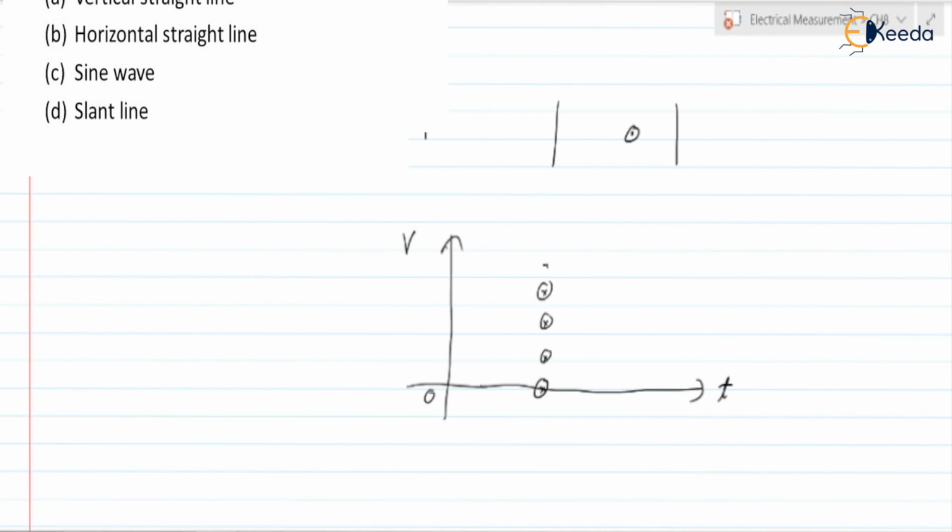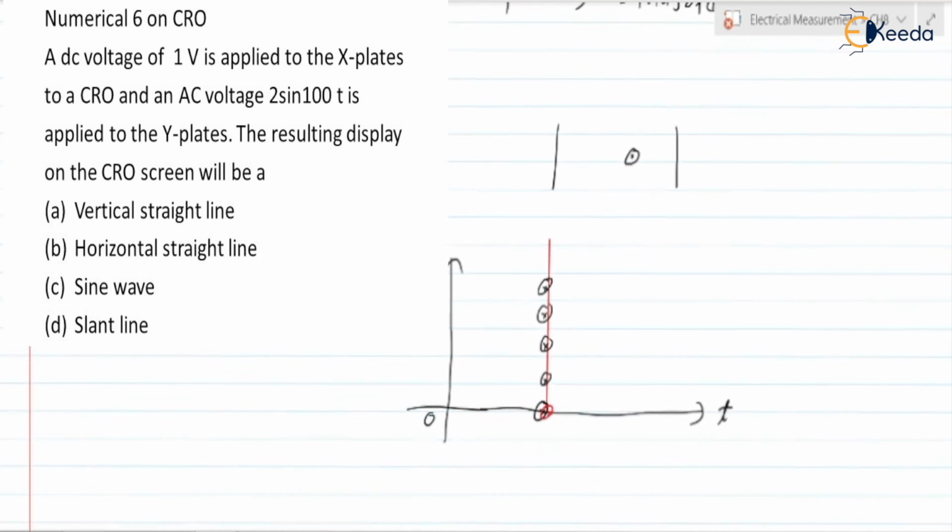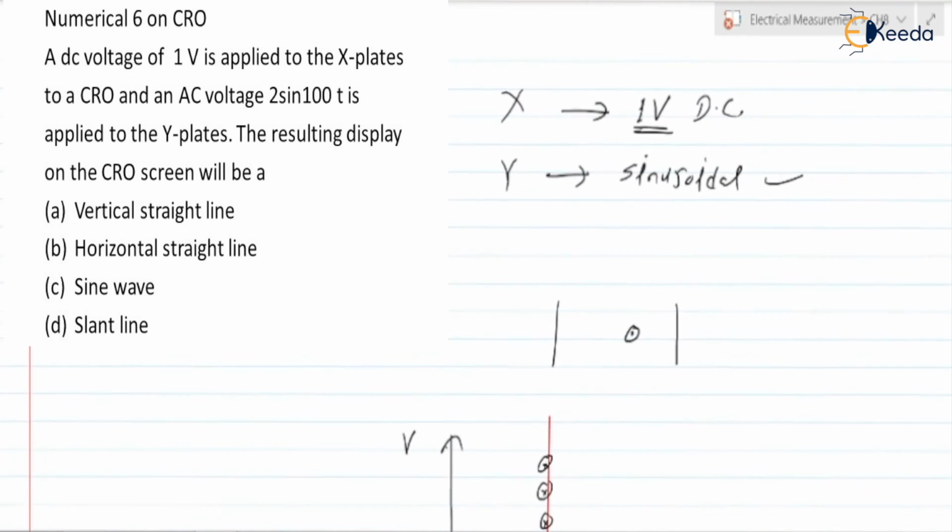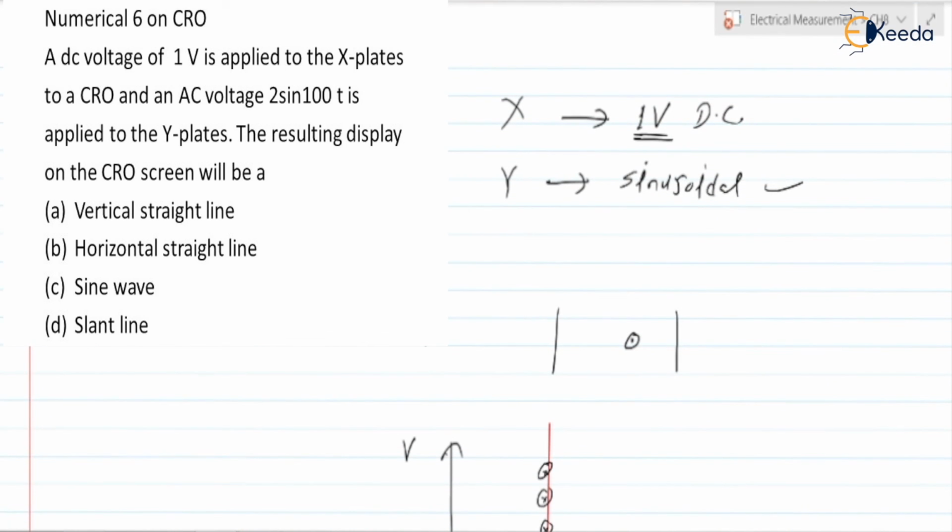So we'll be observing the electron beam like this, and we'll get a straight line only, a vertical line, because the horizontal position is constant here. The only change is the vertical position, right? So the correct option is the vertical straight line. Okay, so this is about numerical number 6. Thank you.